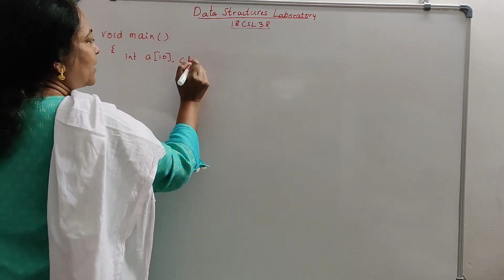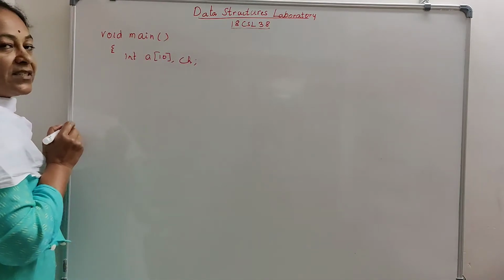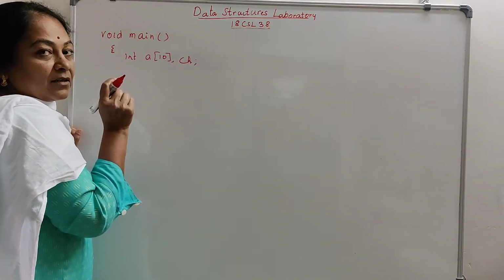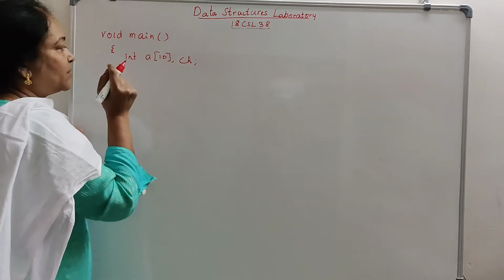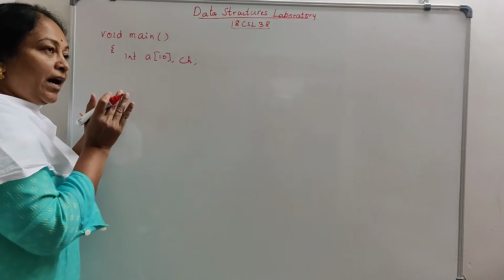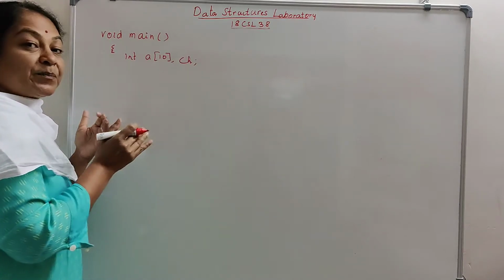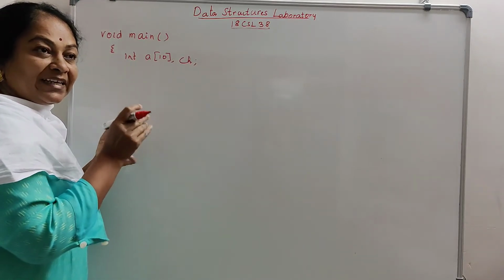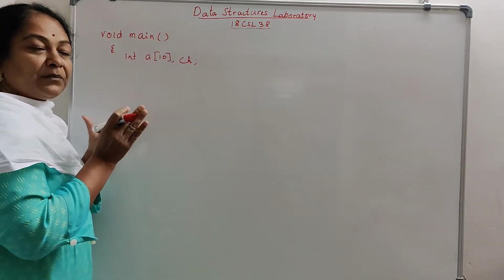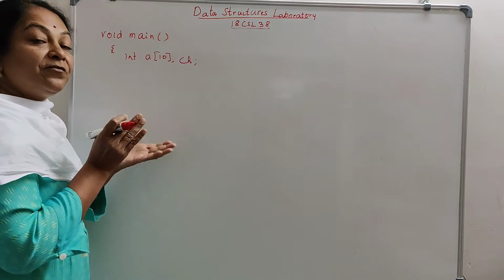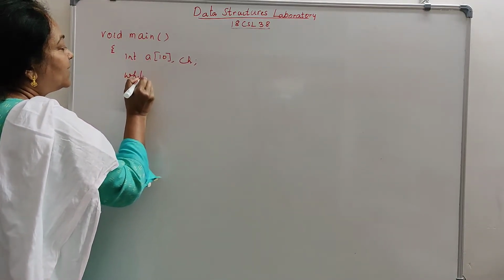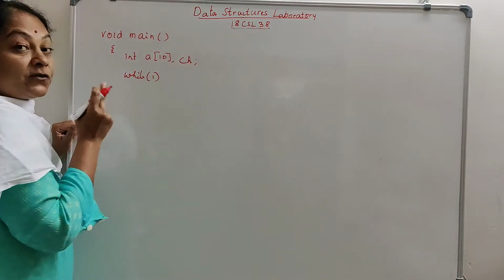Let these be the variables; the variable choice is used to choose a choice, like whether it is insert or delete or something like that. All this menu has to be displayed again and again to the user so that he can choose different options. So I need a while loop. I'm going to use a while loop here, writing while of 1, while of true.